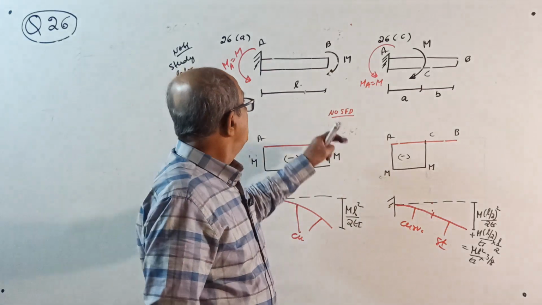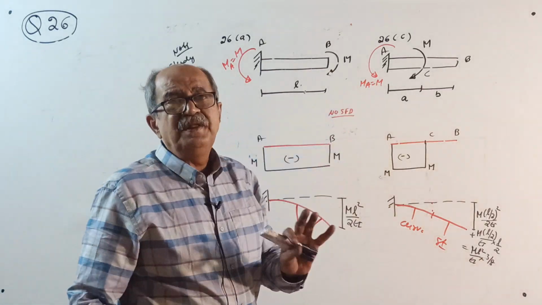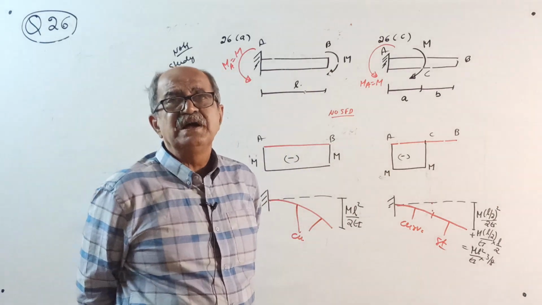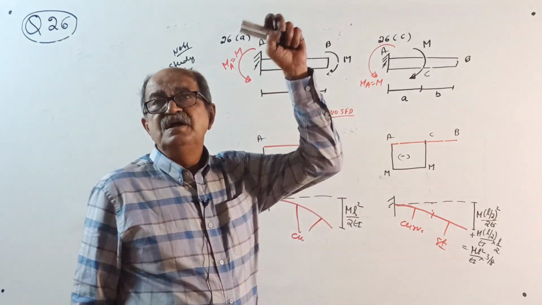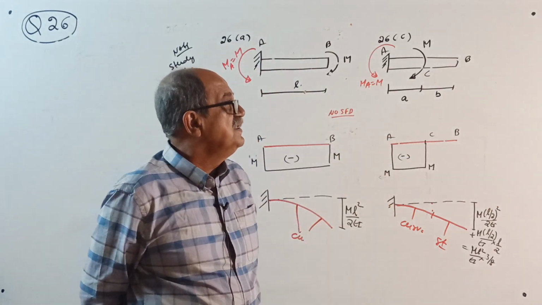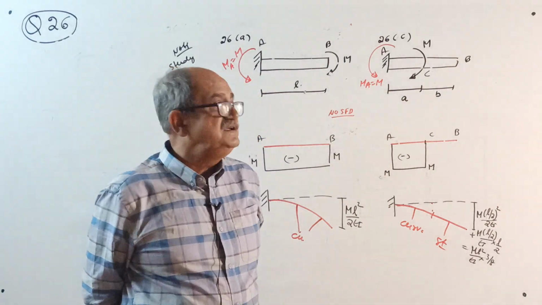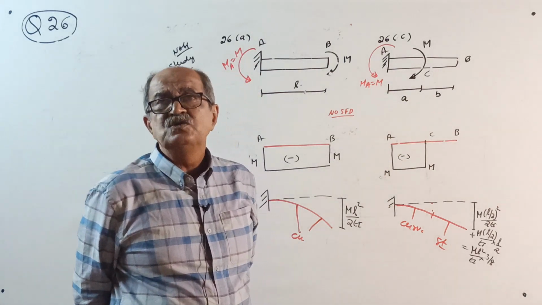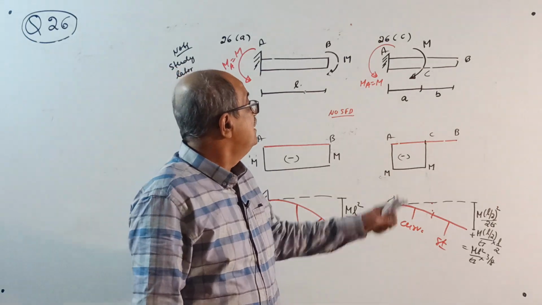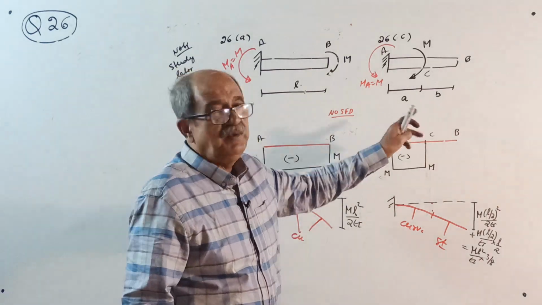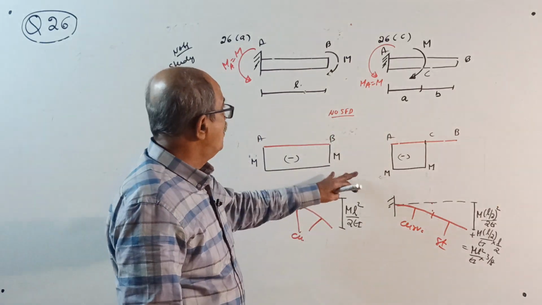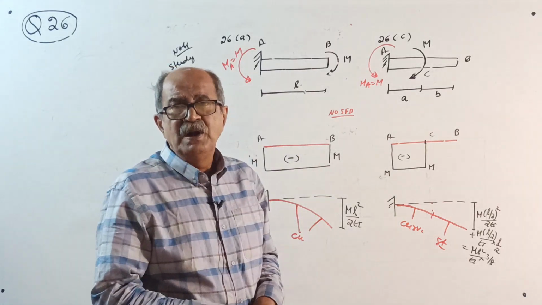No. For finding support reactions you can shift the couple wherever you want, with no effect. But when you go for the section forces, shearing force and bending moment, and also deflection of beams, you should place the couple exactly where it is. You can't change it. Okay, one note I have given. Now I'll go to multiple couples.